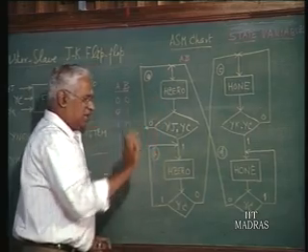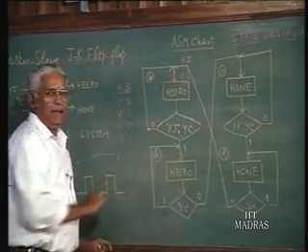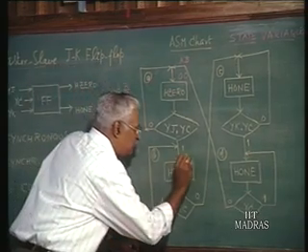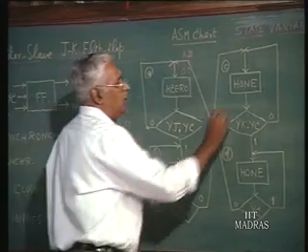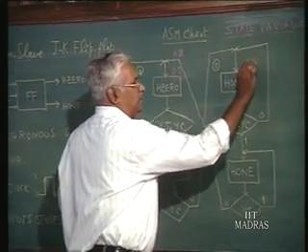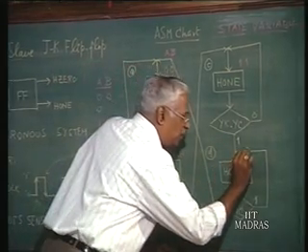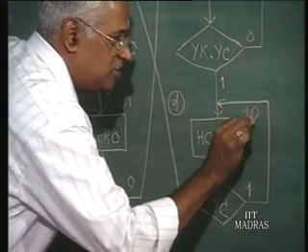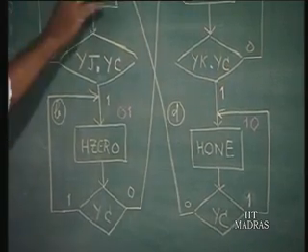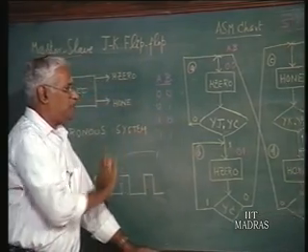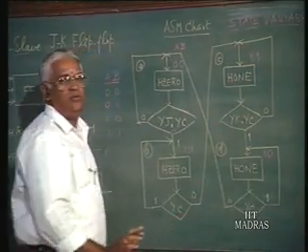Now arbitrarily I will assume 0 0 as the code for state A and 0 1 for the state B. I said arbitrary. 1 1 for state C and 1 0 for state D. So I just arbitrarily assume there are 4 possibilities: 0 0, 0 1, 1 1 and 1 0.